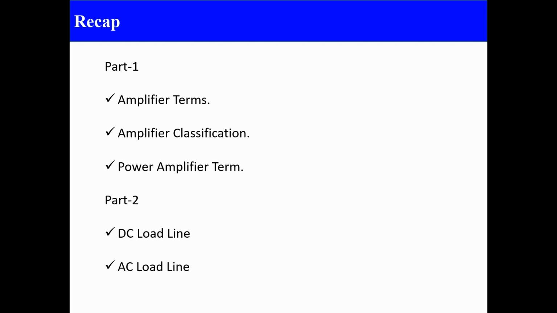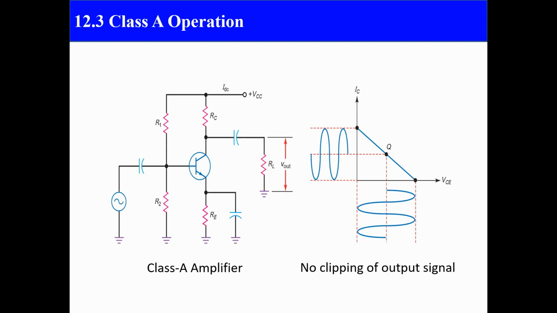Now let's see class A operation. Here it is a CE amplifier circuit. In class A operation, the position of the Q point is at the center of the load line.